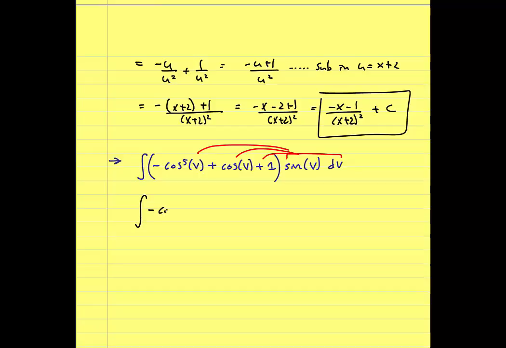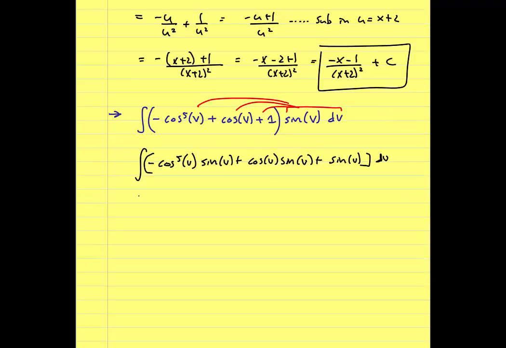So this would look like negative cosine to the 5th of v times sine of v, plus cosine v sine v, plus 1 times sine v, which is just sine v, and all of this, of course, is dv. Now it looks like it's worse, but it's actually better because now I can use u-substitution on each piece.